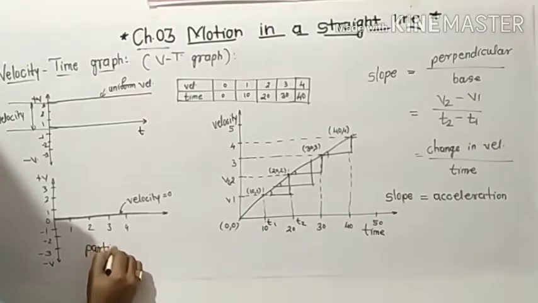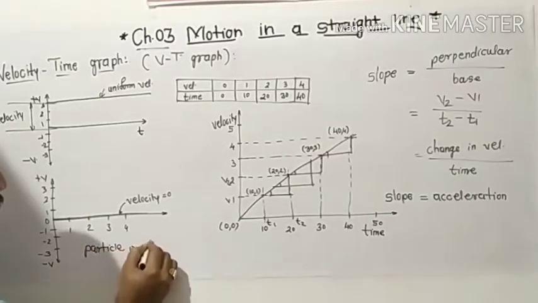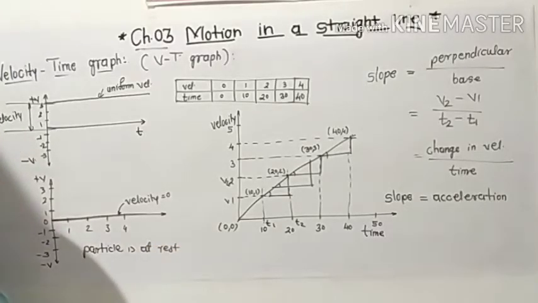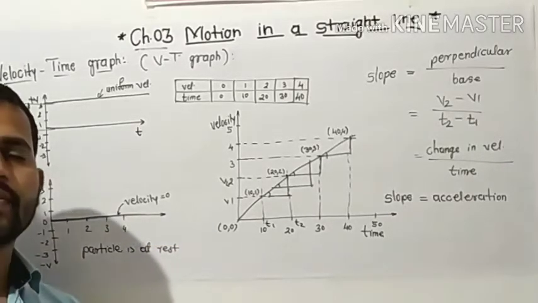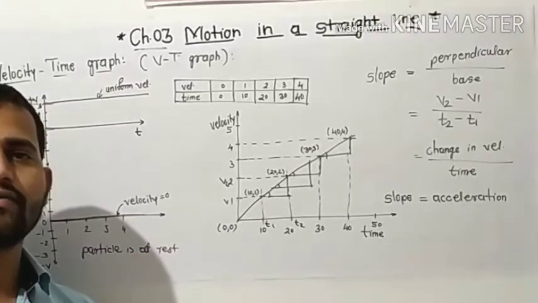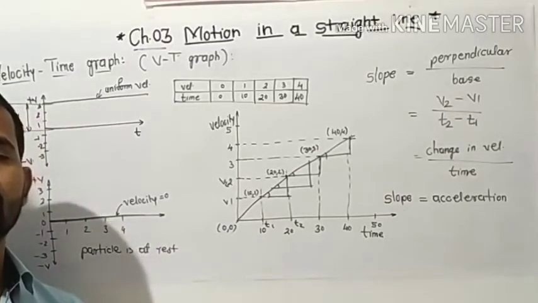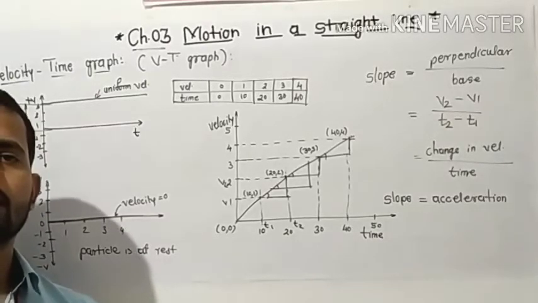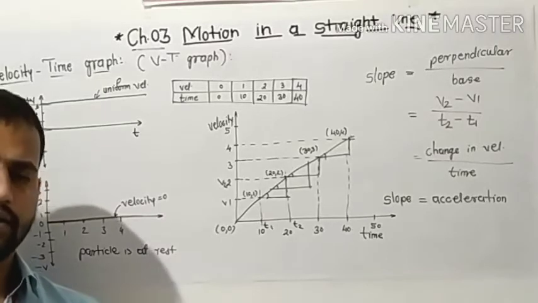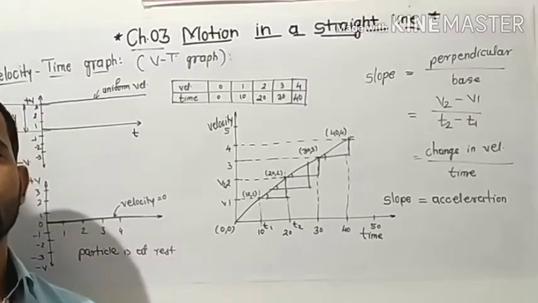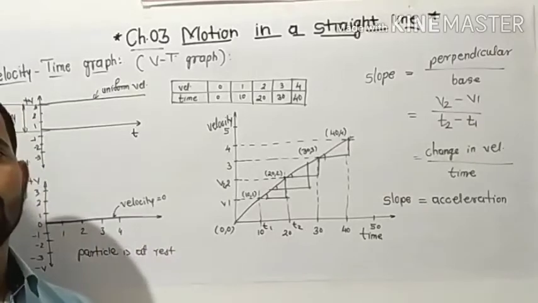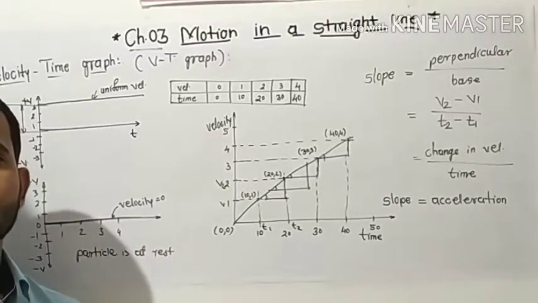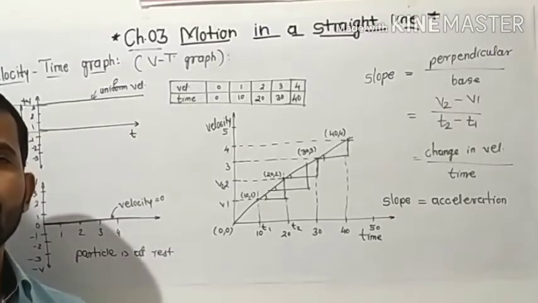If the velocity graph is parallel to the time axis, then the velocity of that particle is uniform velocity.